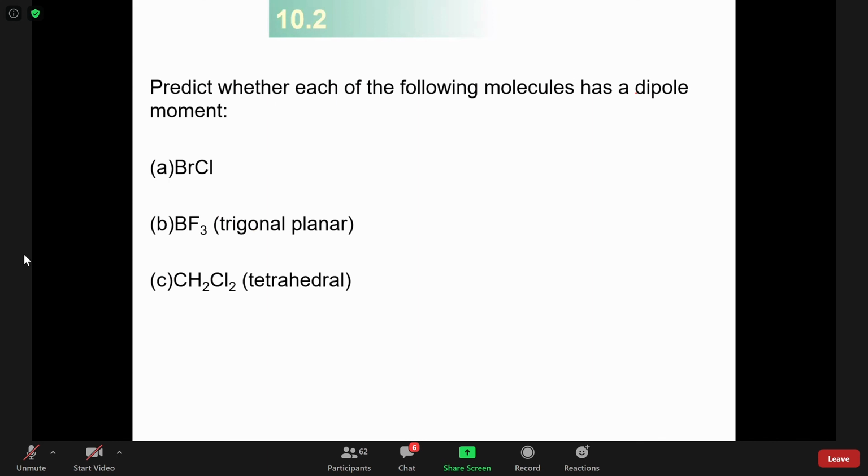Okay, so this is an easy one. Considering this molecule as a whole, does it have a dipole moment? What's your rationale for no?